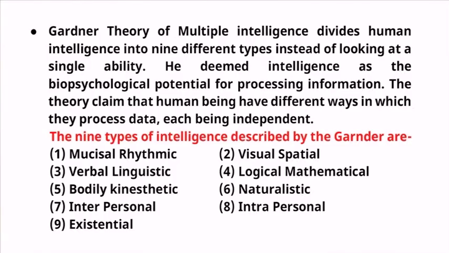The second is visual spatial. It refers to understanding how people are oriented in space. It involves the ability to perceive and manipulate visual images and objects in space. People with high spatial intelligence are adept at mental visualization, spatial reasoning and have a strong sense of direction also.